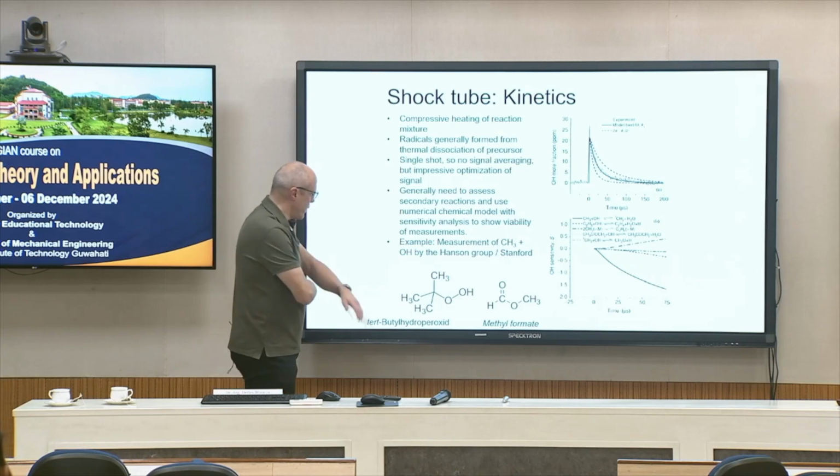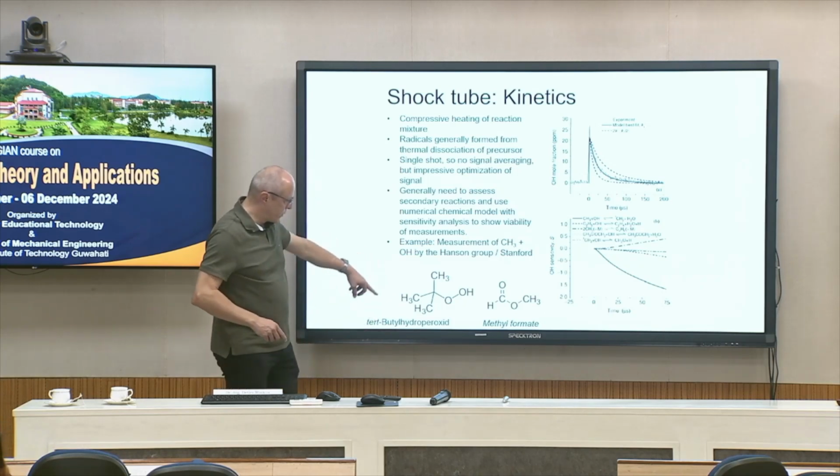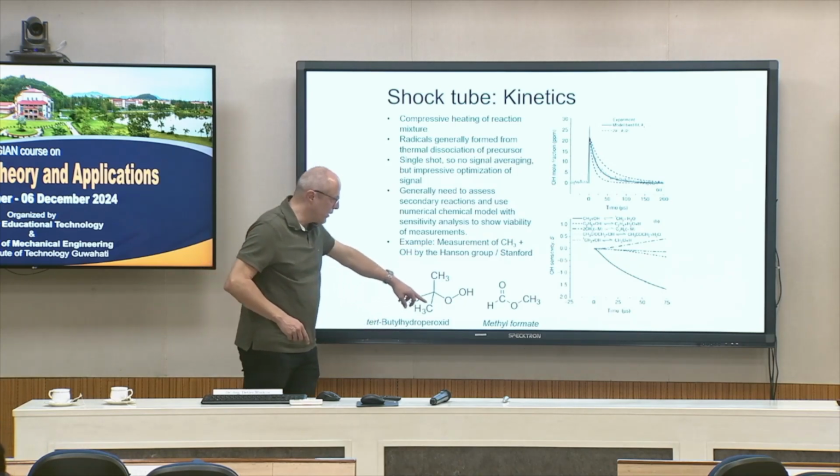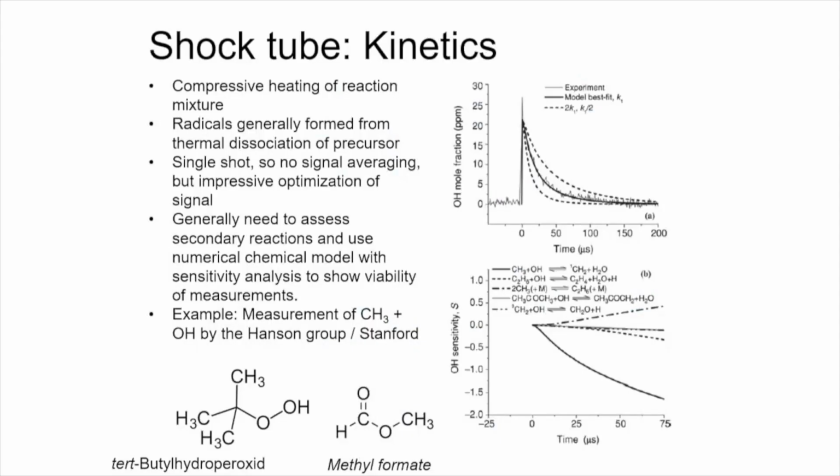Here in this example, they have used butyl hydroperoxide and methyl formate in a bath gas argon, and then we have this incoming and reflected shock heating up our system. So these two molecules are separated.